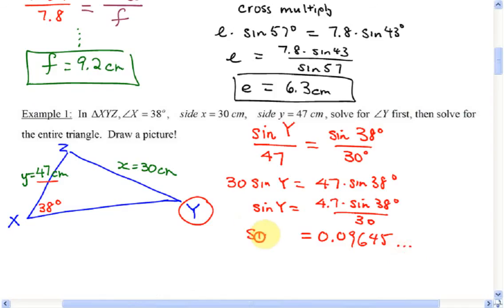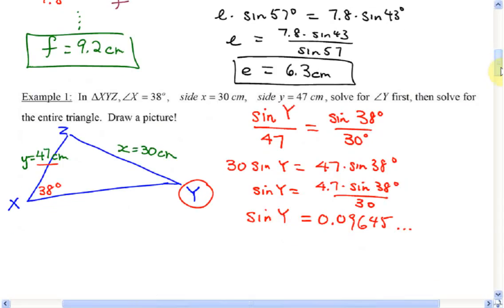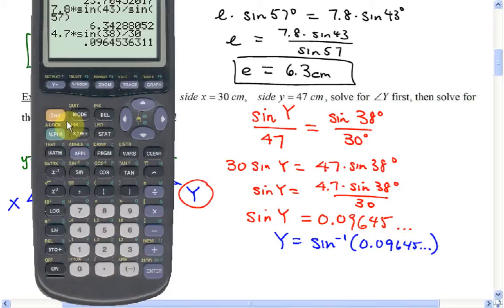Now, this is sine y. I want you to solve for angle y. So inverse it. Yes, thank you. Inverse sine of this. So that's the extra piece you need to do here: inverse of the answer.